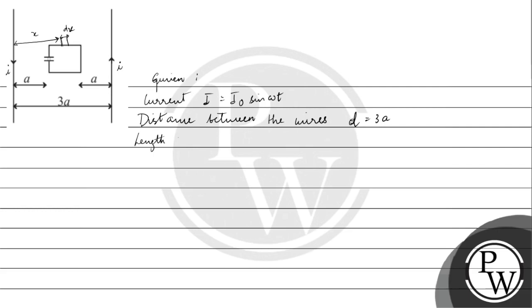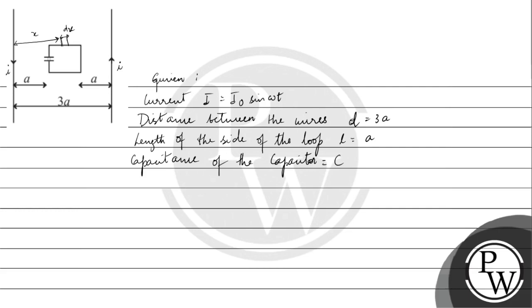The length of the side of the loop L is given to be a. The capacitance of the capacitor is given as C.